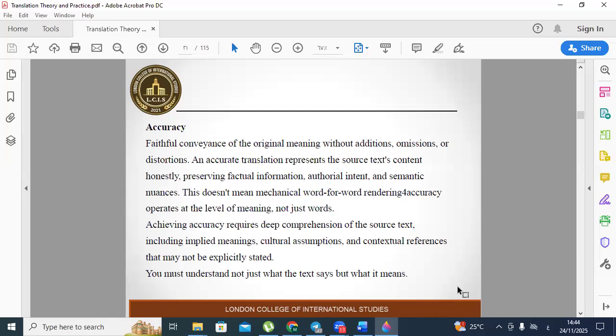Accuracy operates at the level of meaning, not just words. Achieving accuracy requires deep comprehension of the source text, including implied meanings, cultural assumptions, and contextual references that may not be explicitly stated. You must understand not just what the text says, but what it means.